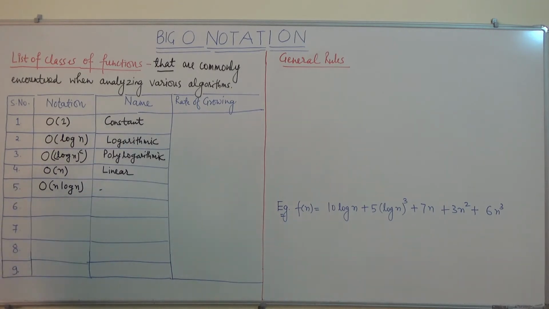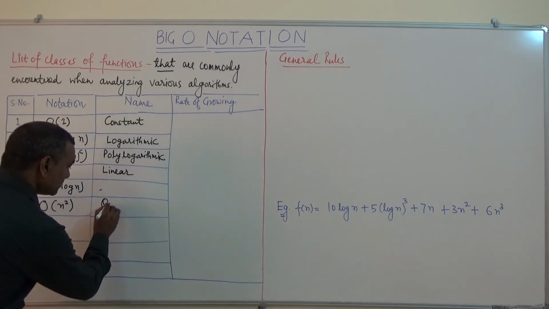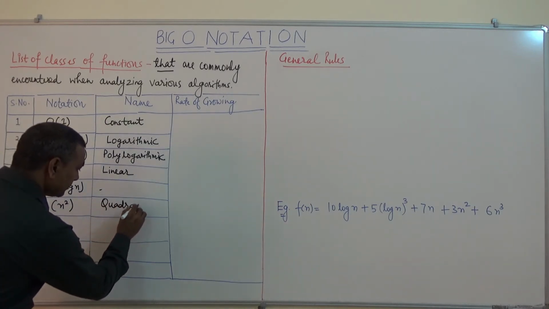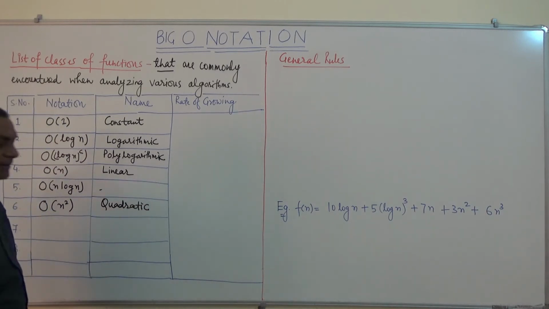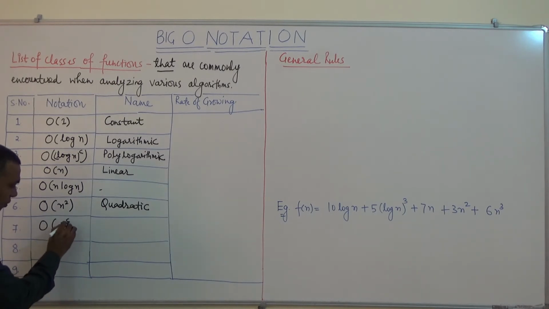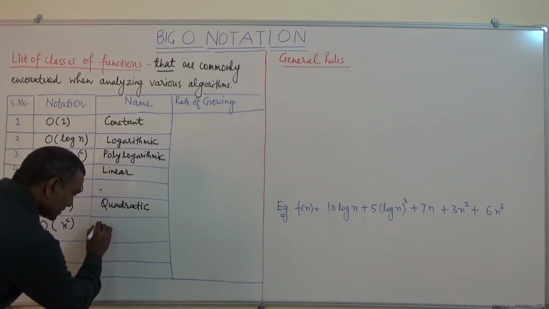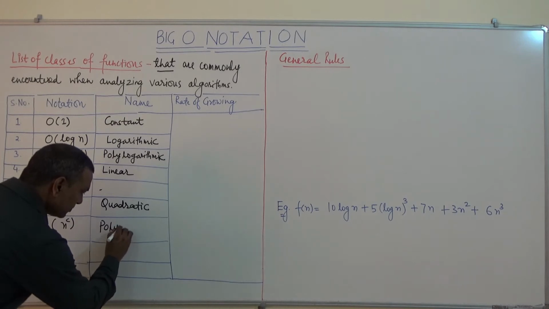And then order of n square, this is quadratic. And then big O of n to the power c, like n cube, n to the power 4, n to the power 5. So this is polynomial.